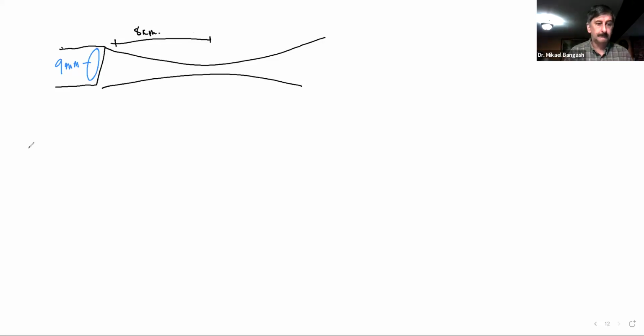Did you guys get that? Okay. Now our first question is, what is the lateral resolution at a depth of 8 centimeters?